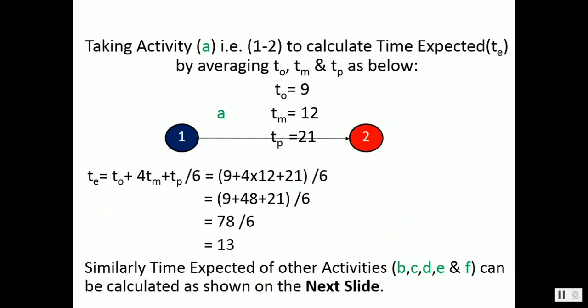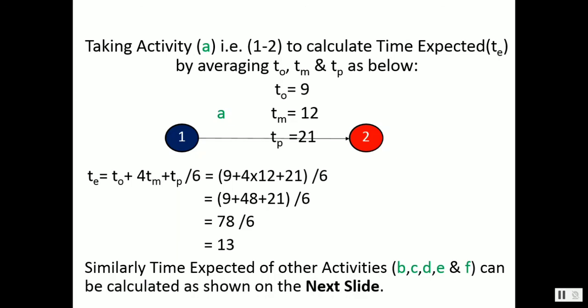Taking activity A, that is 1, 2, to calculate time expected TE by averaging TO, TM, TP as below, it comes to 13. So time expected for the activity 1, 2, that is A, is 13.